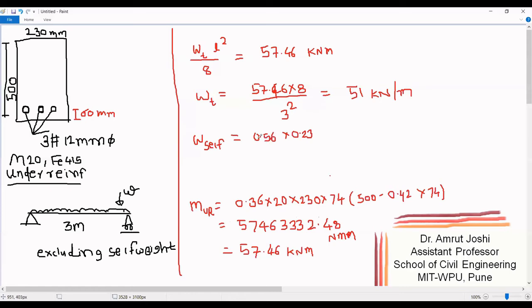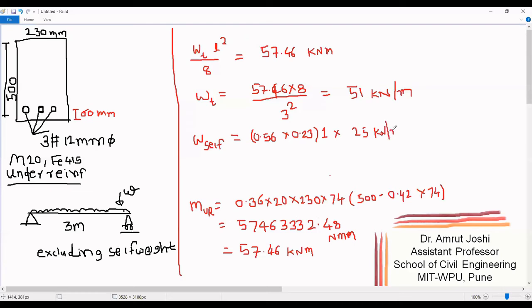So let me say the volume of 1 meter length of this beam is going to be 0.56 into 0.23 into 1. This multiplied by unit weight of reinforced concrete, which is given in IS 875 part 1 as 25 kilonewton per meter cube.